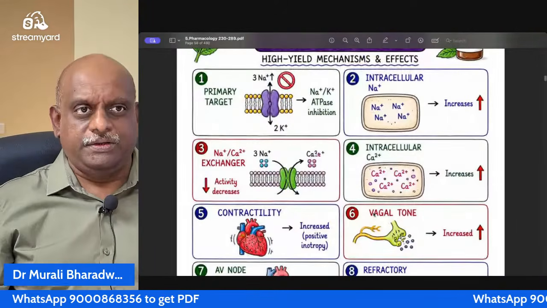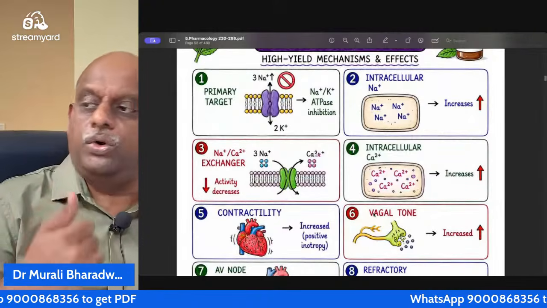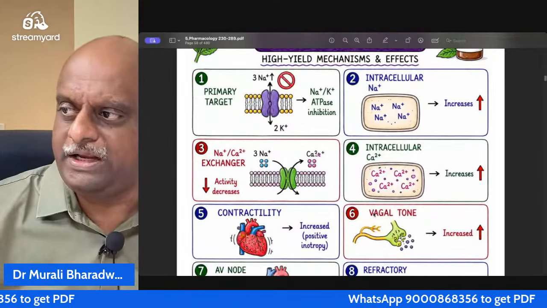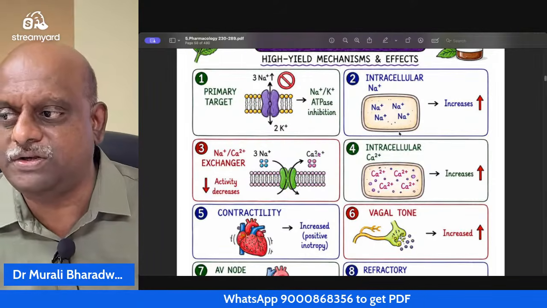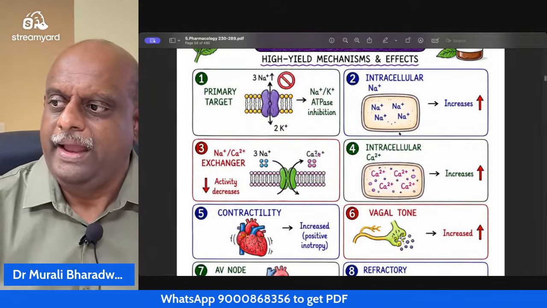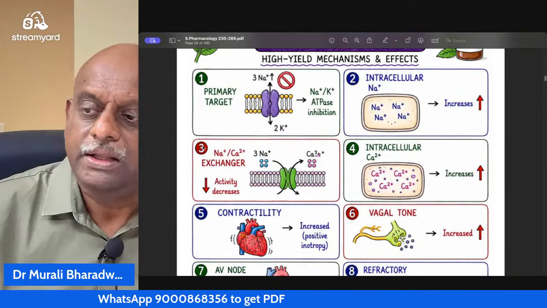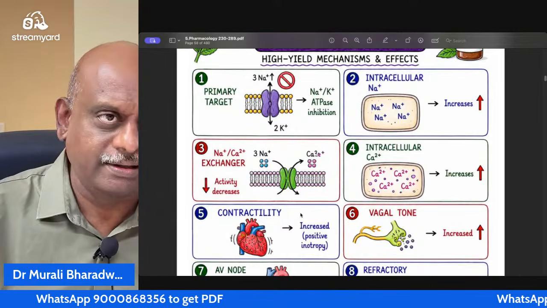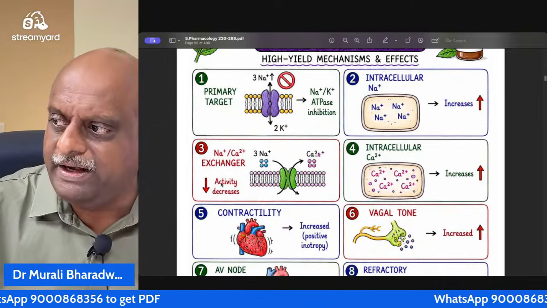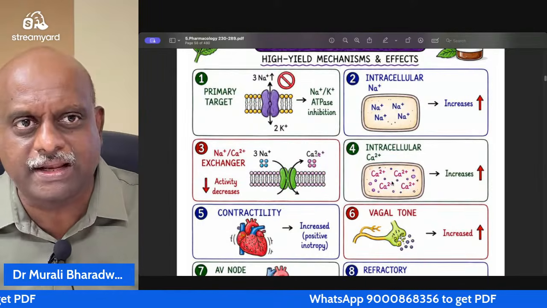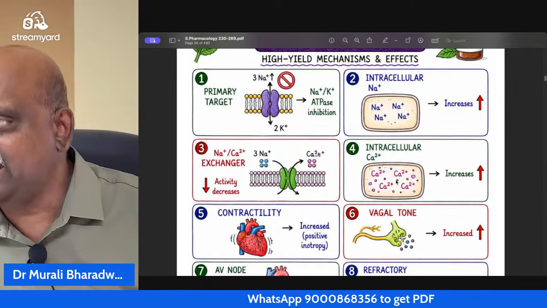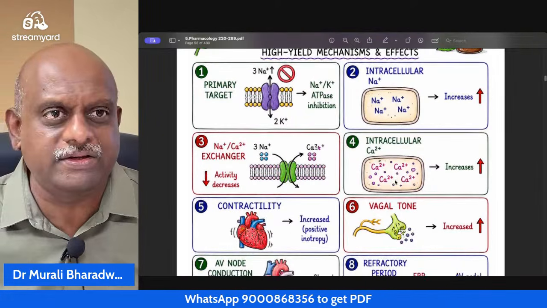Now, what is the main target? How does it act? Digoxin is a sodium-potassium ATPase inhibitor. It increases the intracellular sodium levels. And if you look at the sodium-calcium exchanger, its activity will decrease. That will make calcium accumulate inside the cell, and calcium levels inside the cell increase.